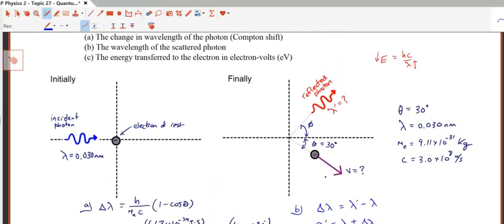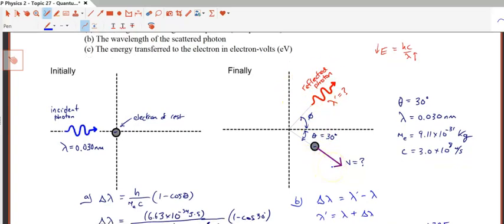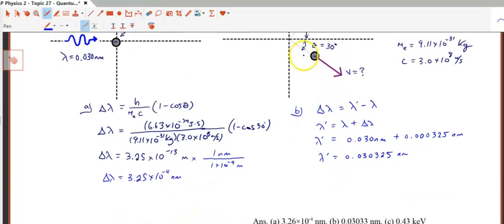Okay, almost done. C, what is the energy transferred to the electron in electron volts? We can't calculate the kinetic energy of this because we don't know the speed. But we do know the wavelength of it initially, and we do know the reflected energy of the photon at the end, so we can use conservation of energy.